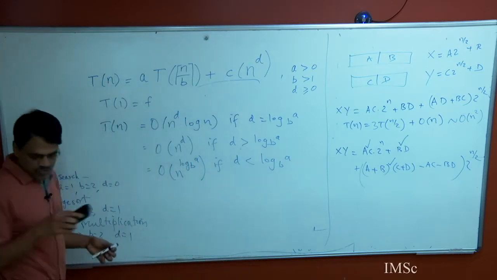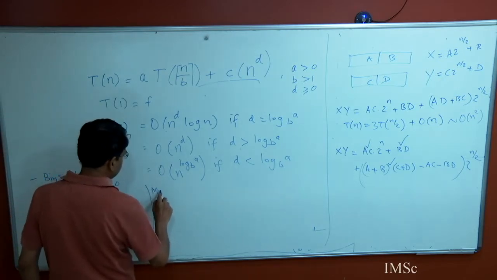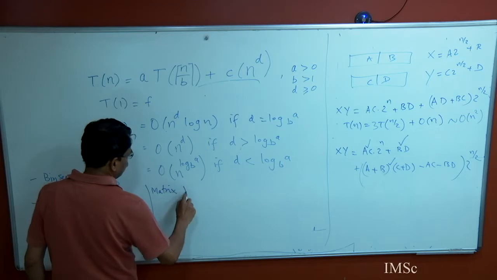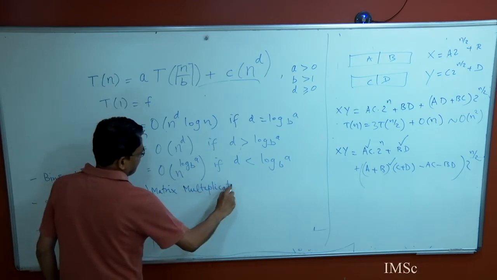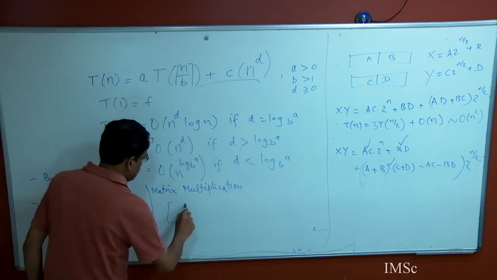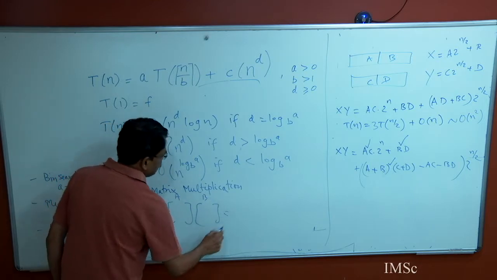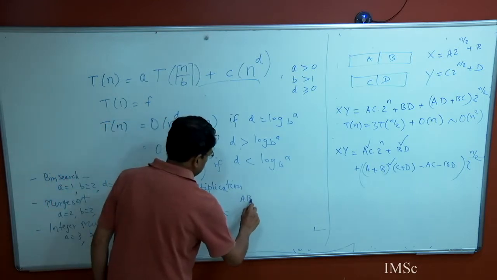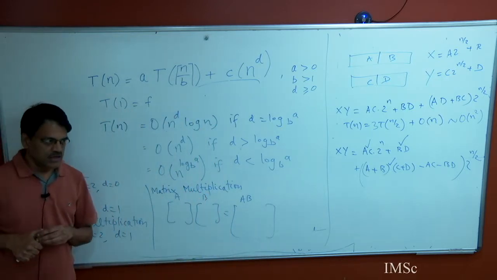Okay. Then the other problem which we looked at was matrix multiplication. Where you had two n by n matrices and we want to get the product, the standard matrix multiplication.